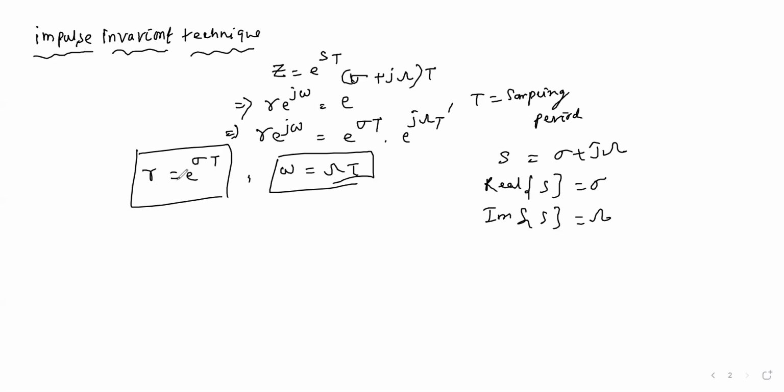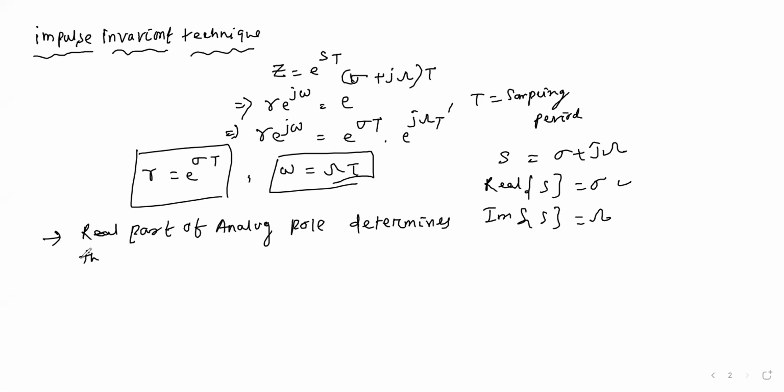Agree? Or we can say that the real part of the analog pole determines the radius of the Z plane pole. Agree or not? The real part of the analog pole, that is sigma, determines the radius.